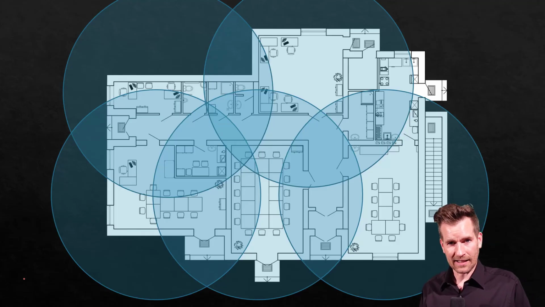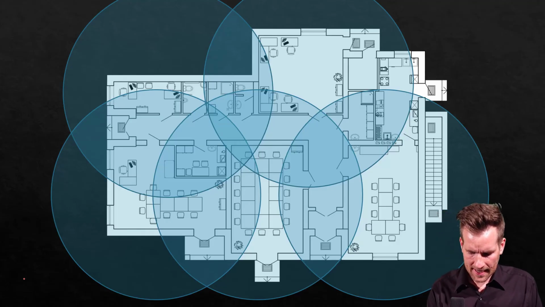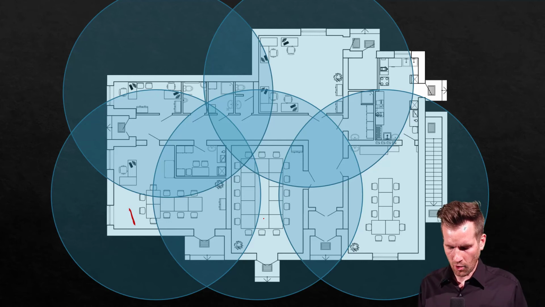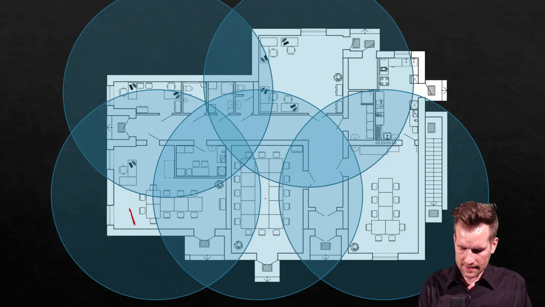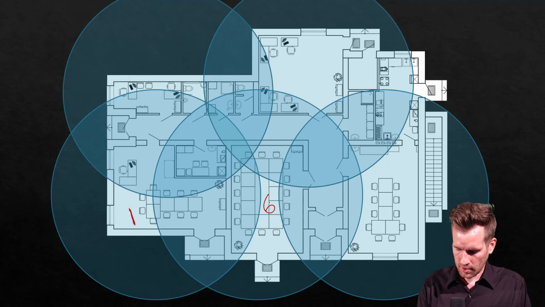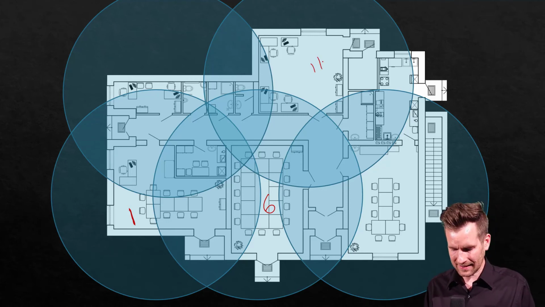So now let's take a look at our heat map. If I assign channel 1 to here, then I can't assign 2 to the next one because those would be overlapping. So instead, let me assign channel 6 to it. And then I am going to go to this one right here and assign channel 11 to it.